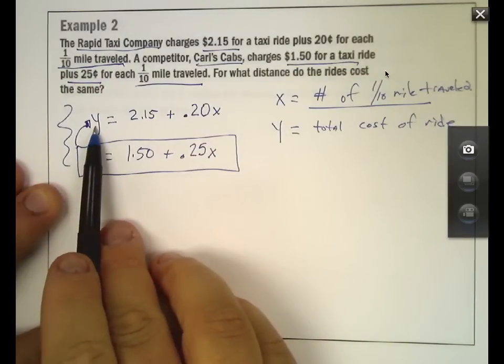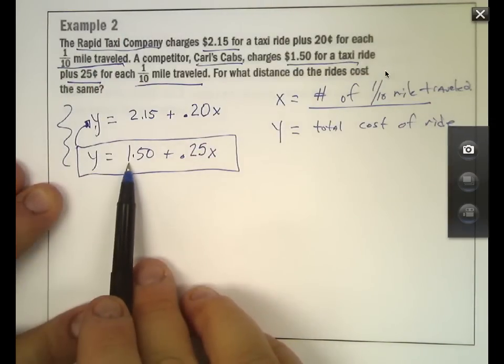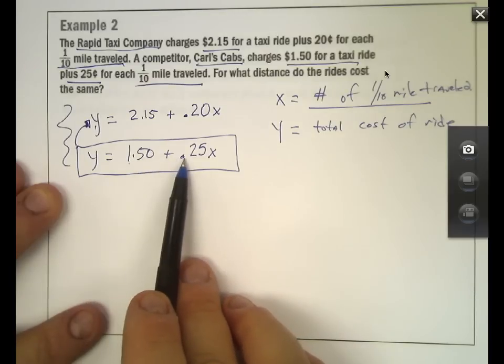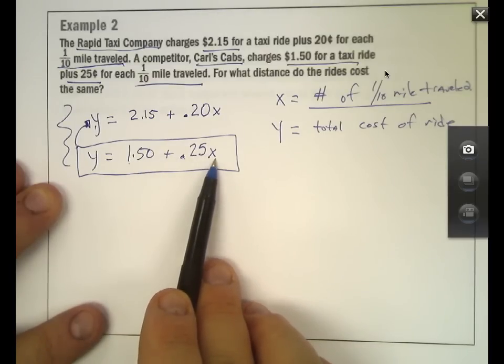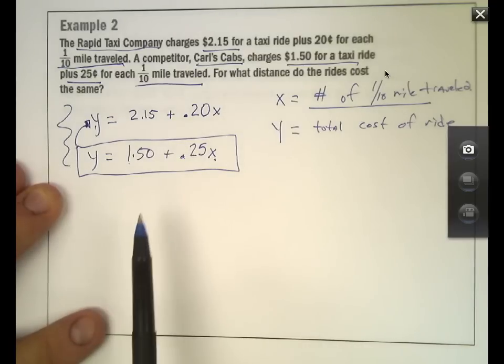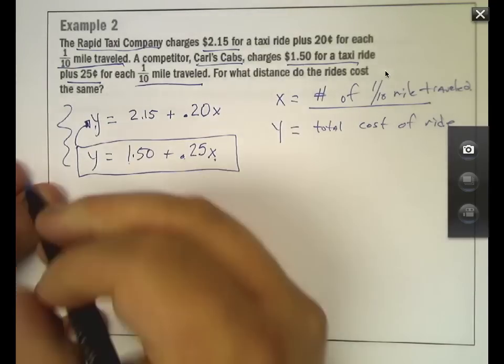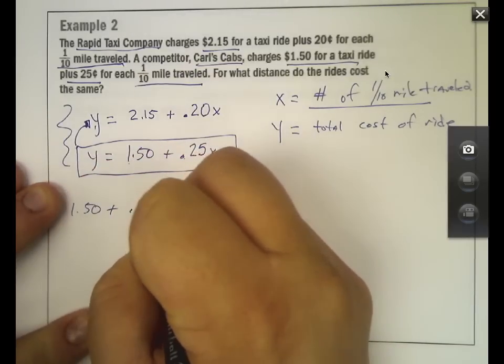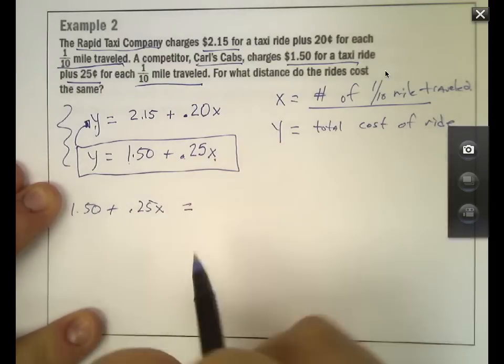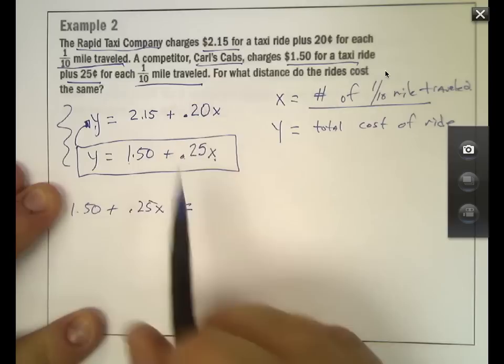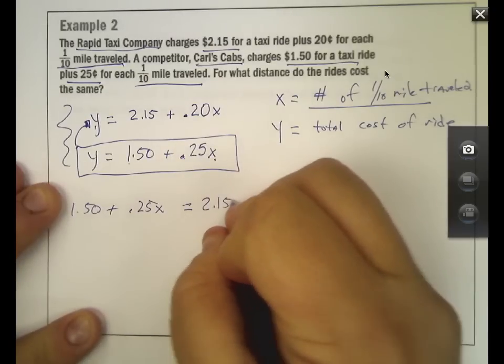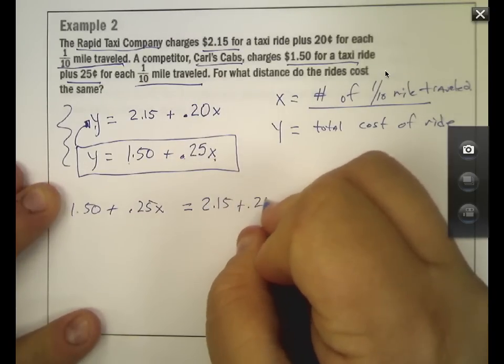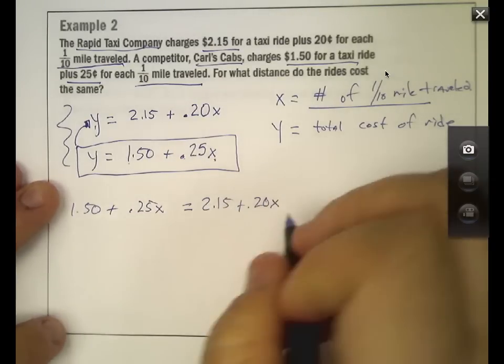So wherever I see a y up here, I'm going to actually write in 1.50 plus 0.25x. So y is 1.50 plus 0.25x equals, I'm just rewriting this equation, 2.15 plus 0.20x. Correct?